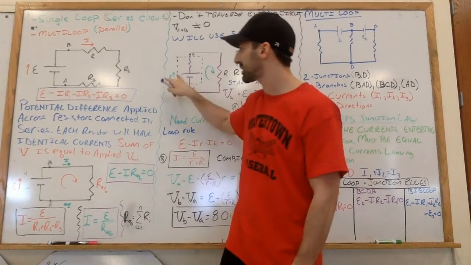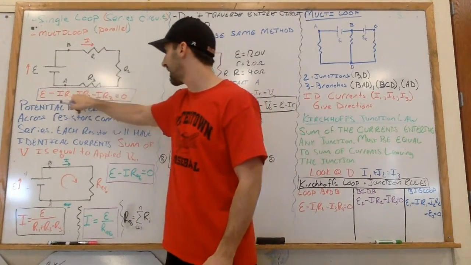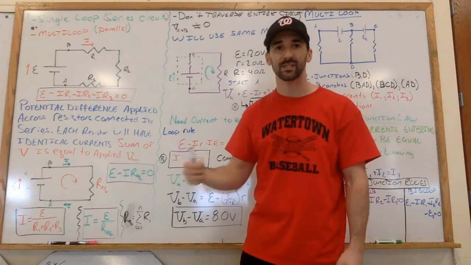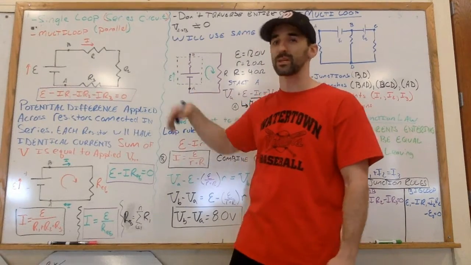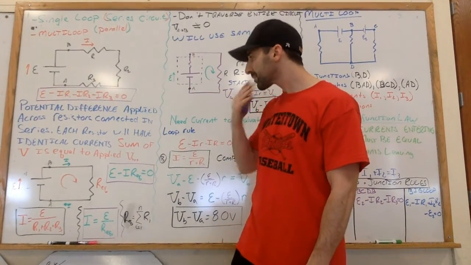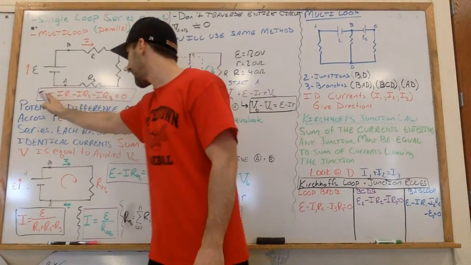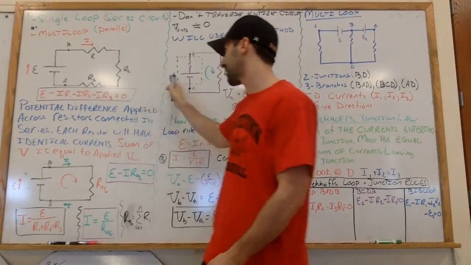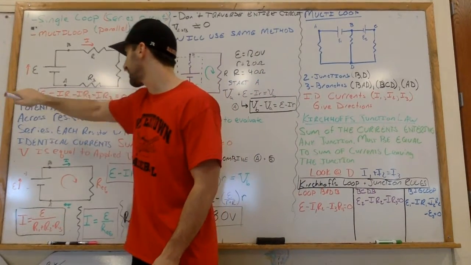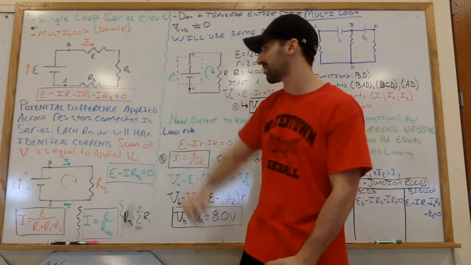However, the current I in each resistor in a series or single loop circuit has to be the same. If I sum up all those potentials, I could bring IR1, IR2, IR3 to the other side, and I would see that my potential difference is equal to the sum of all of my potentials.